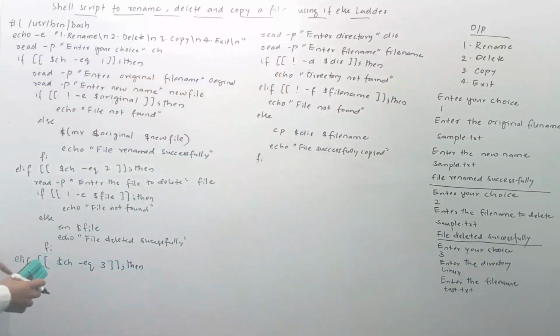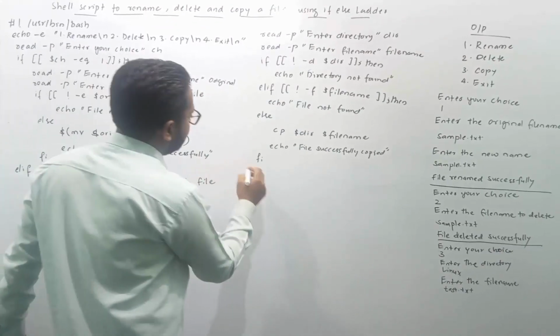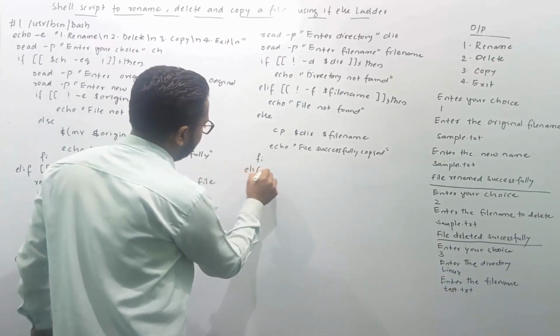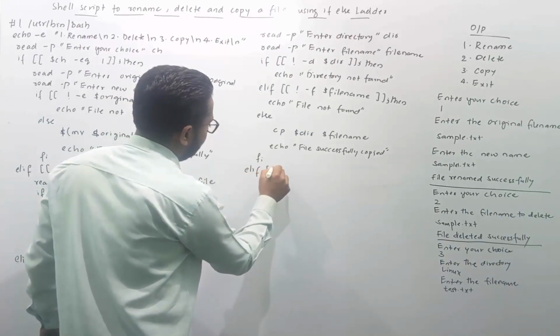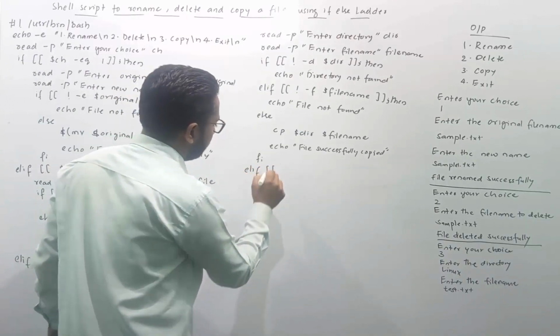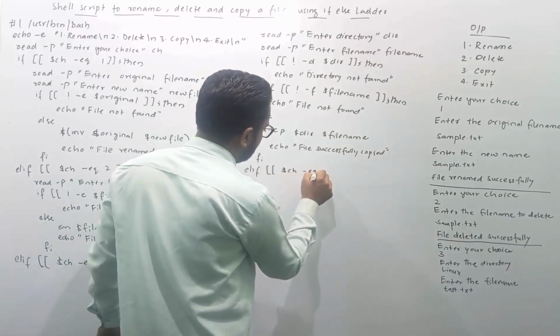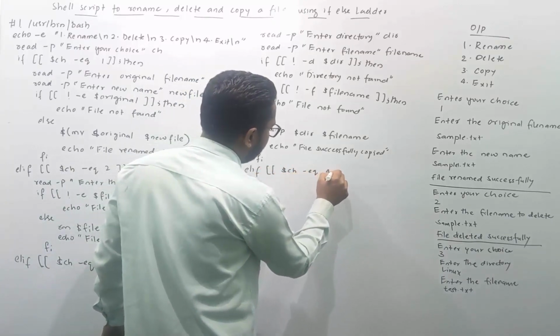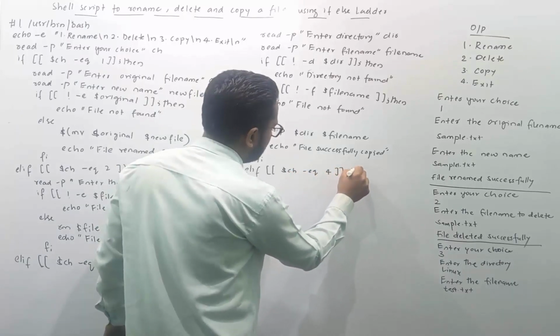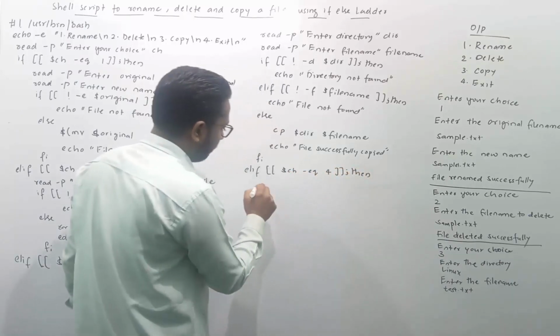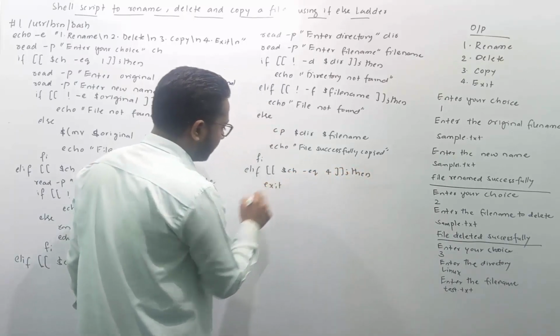Next, yes, there is an elif. So next is again elif. If user enters 4, $ch is equals to 4, then exit.